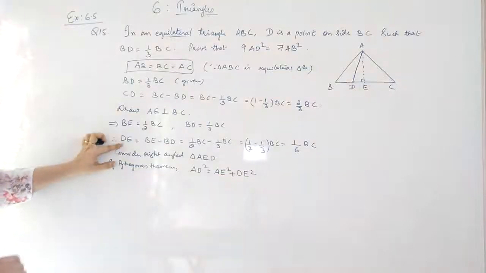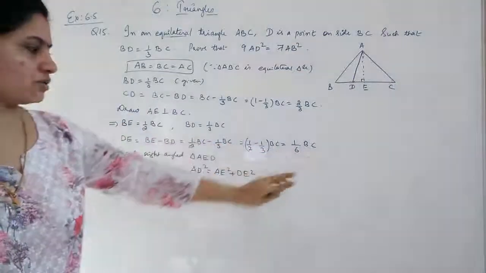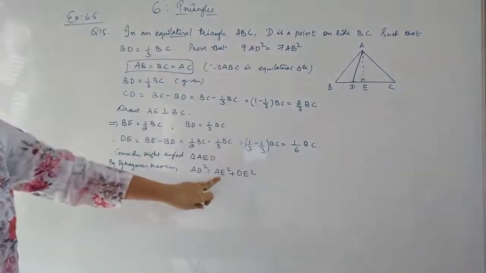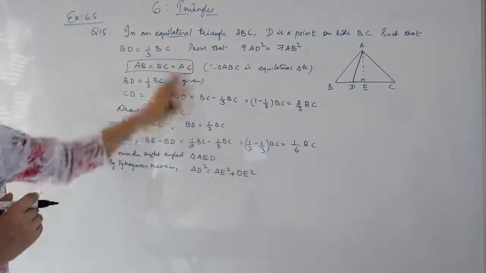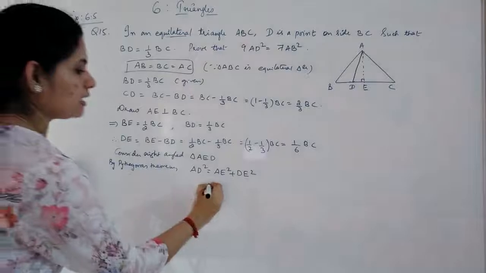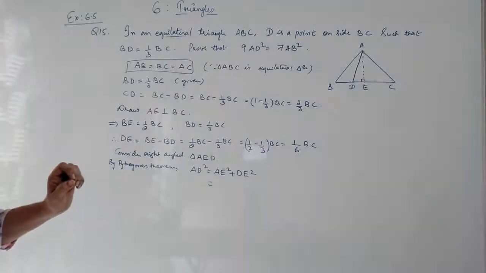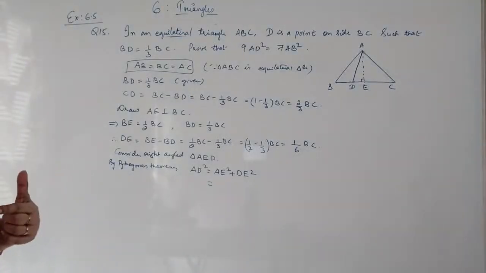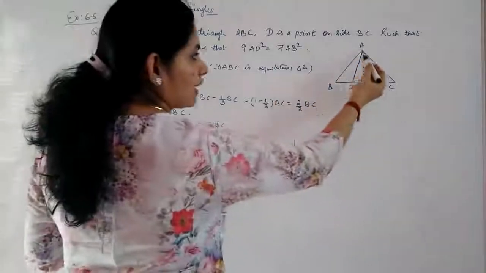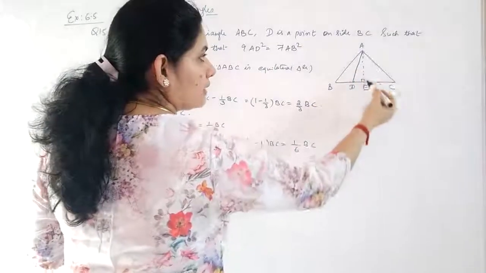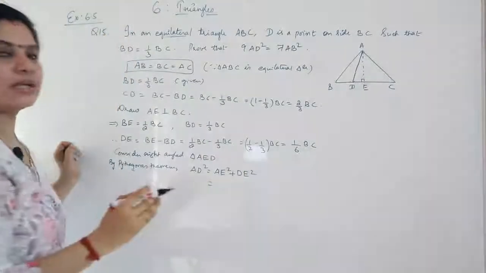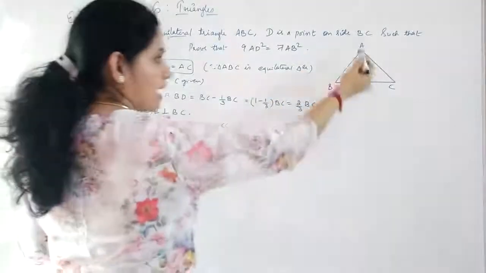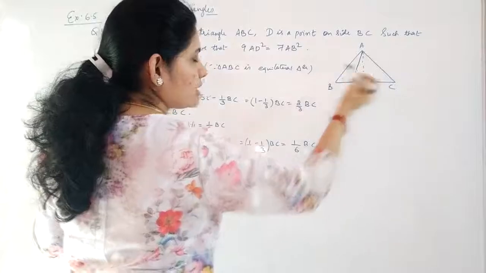Now DE already you got in terms of BC, so we are not changing that; we are just changing AE in terms of the values we have. So how can we write AE? If you consider the other triangle, again a right angle triangle, the bigger one, where you have AE as one of the sides, you can replace AE square as AB square minus BE square.